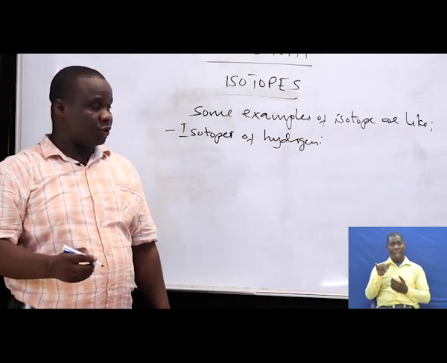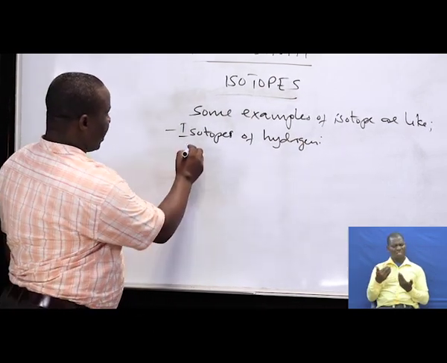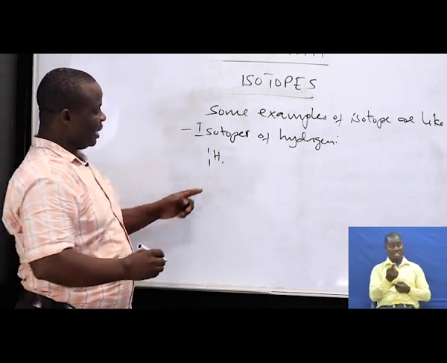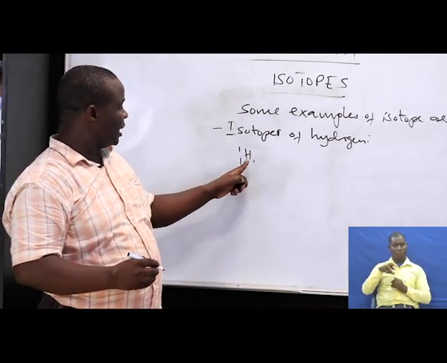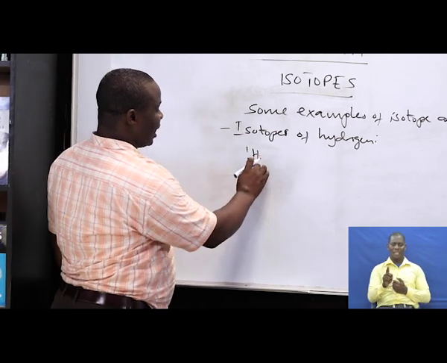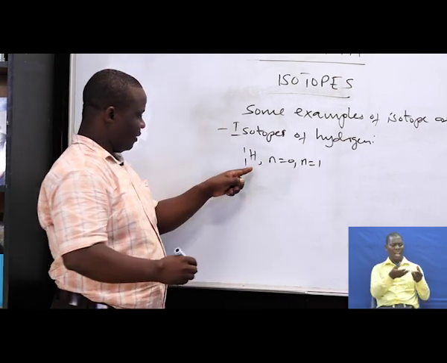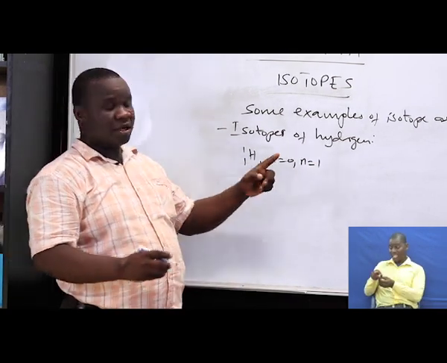Hydrogen has 3 isotopes. We have hydrogen 1. If you look at the number of protons and neutrons here, the number of neutrons is 0 and the number of protons is 1.